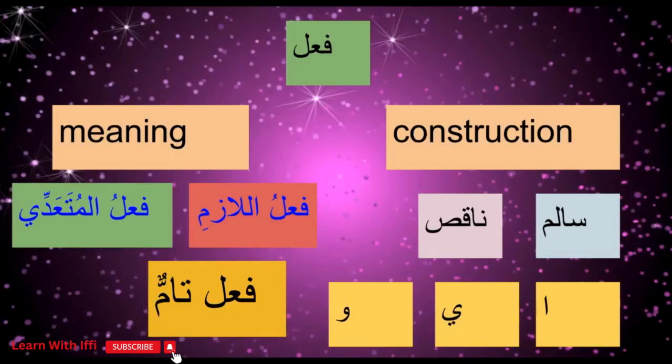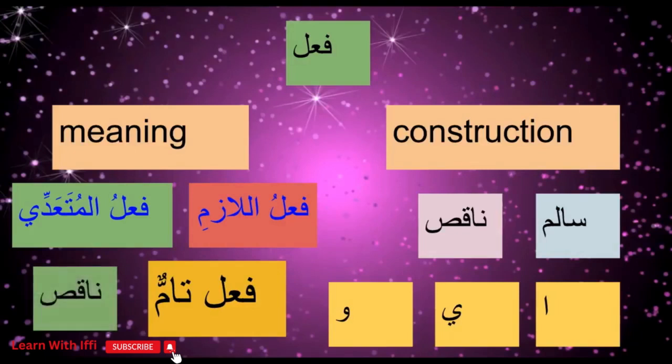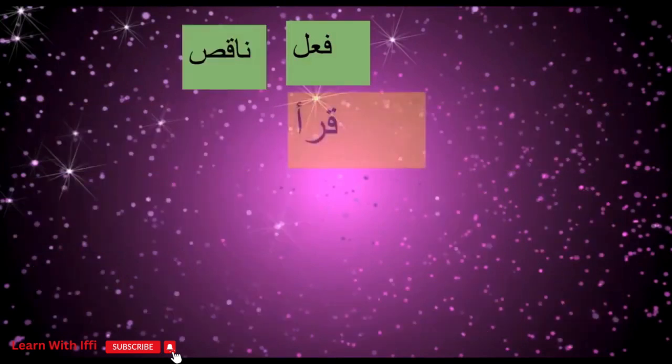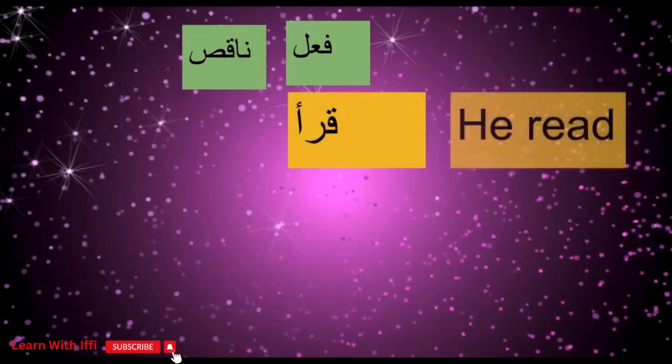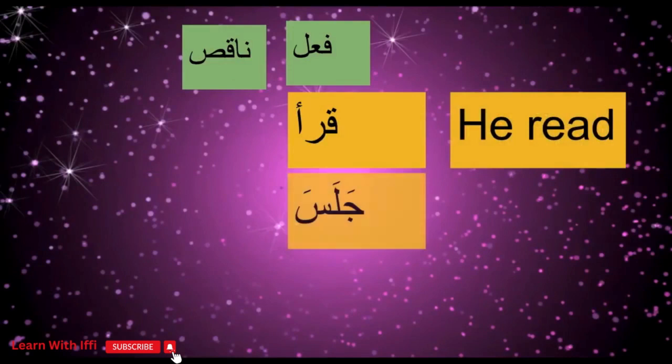But certain verbs are deficient in the basic meaning, and those are also called naqis. So there are two types: one in construction, where they have the weak letters, and one in meaning, where it is deficient. Let me give some examples. He read, the reading makes full sense.